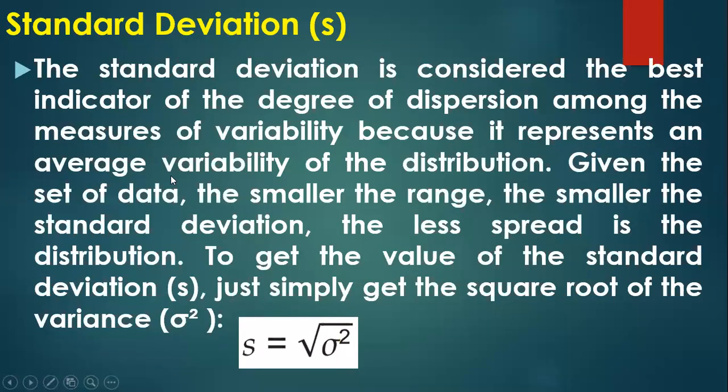The standard deviation is considered the best indicator of the degree of dispersion among the measures of variability, because it represents the average variability of the distribution. Look at the formula: standard deviation equals the square root of your variance.